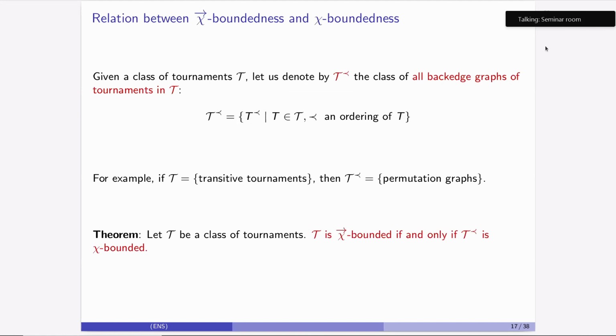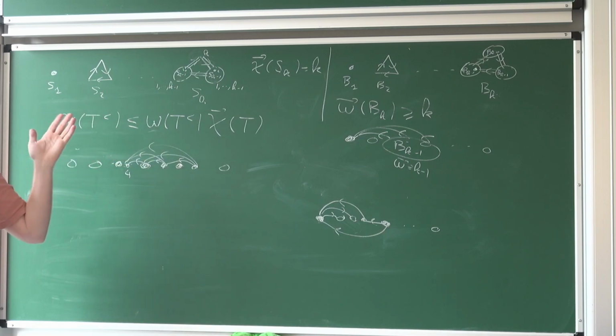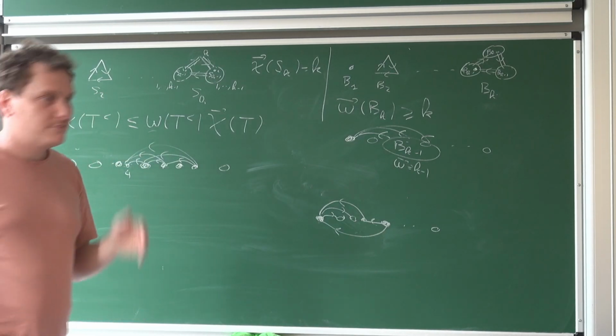And one can prove that a class of tournaments is chi-bounded if and only if its class of backedge graphs is chi-bounded in the usual way. It's an if and only if. And the proof is super easy. You write the definitions, you apply the fundamental inequality, and you have the proof in both directions.